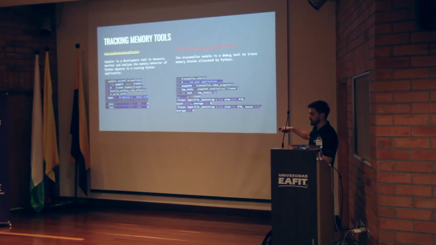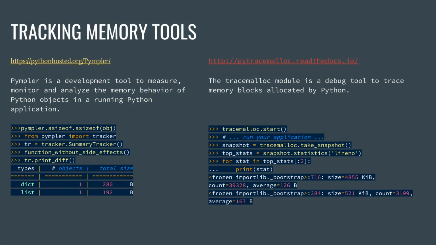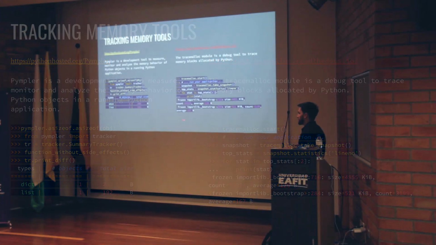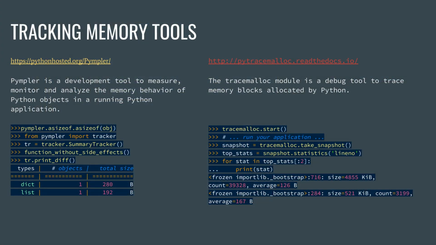This is very helpful for finding memory leaks, because you run this print diff, then you run some function which you think is leaking some memory, and then you run print diff again, and you will see the difference between those two calls, and you can find some objects which are not being dereferenced.